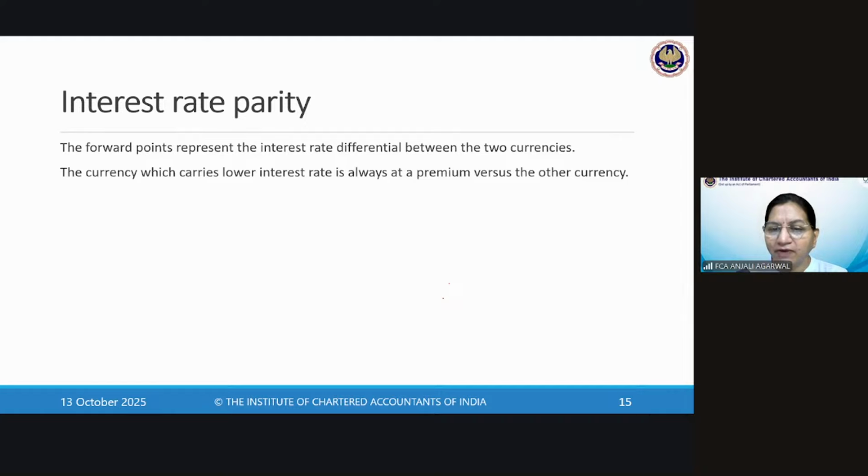So when you have a higher interest rate, if the exchange rates do not fluctuate, people in the US will convert their dollars to rupees, invest in India, get a 7 or 8% return, and then reconvert into dollars. So what will happen? A lot of money will come into India for investments. So what will we require?